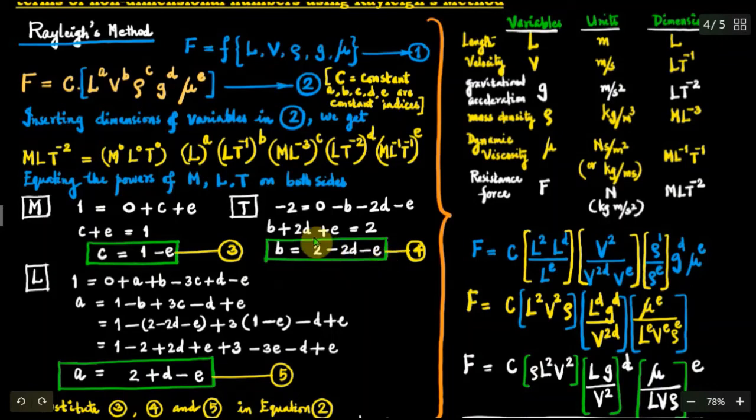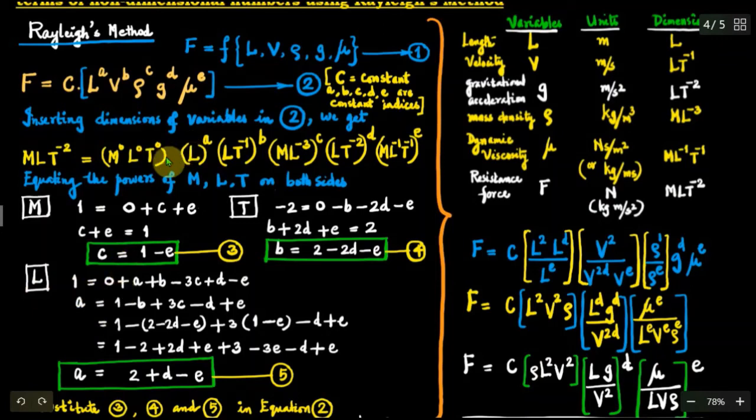See, our effort is to write down expressions for a, b and c in terms of d and e, because we have only 3 equations and we have 5 unknowns now, a, b, c, d and e. So we will write the values of a, b and c in terms of d and e. So now equating the powers of L, what can you get? Left hand side we have 1 and that is equal to the right hand side.